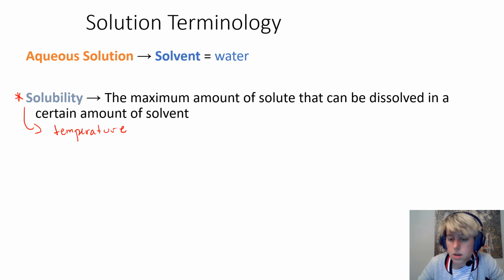So usually when the solvent is cold, it can dissolve less material than when the solvent is hot. And it also depends on the type of solvent. So water will be able to dissolve up to a certain amount compared to ethanol, compared to isopropanol, and so on and so forth.